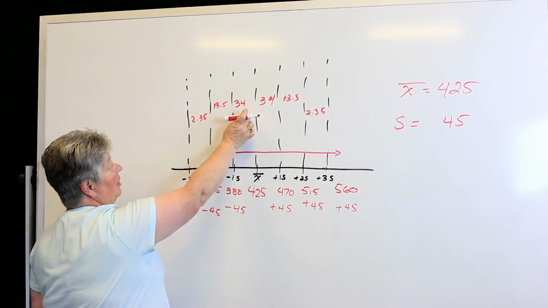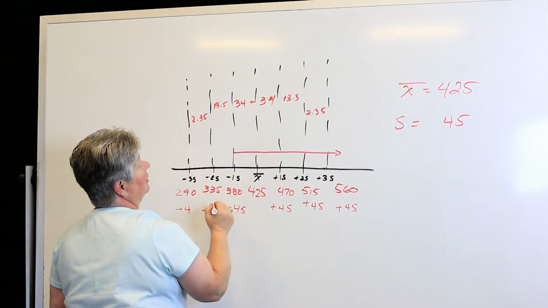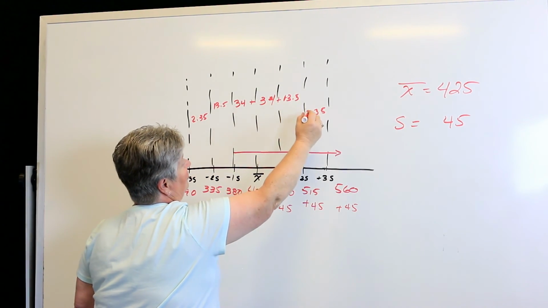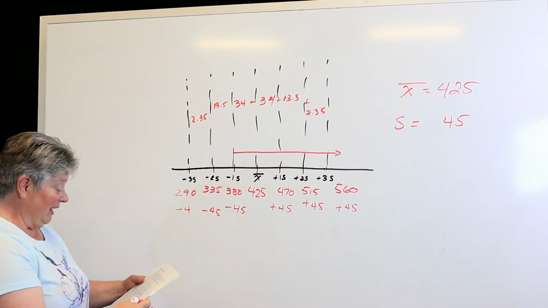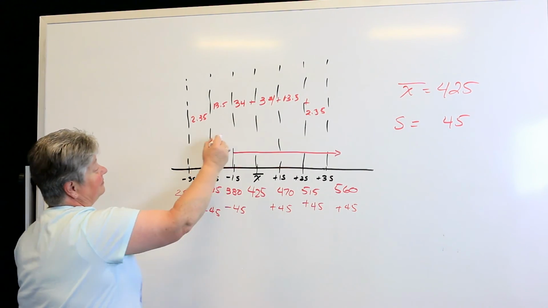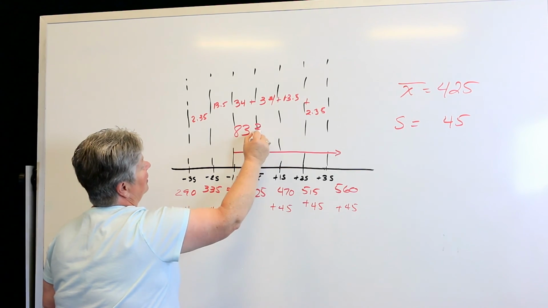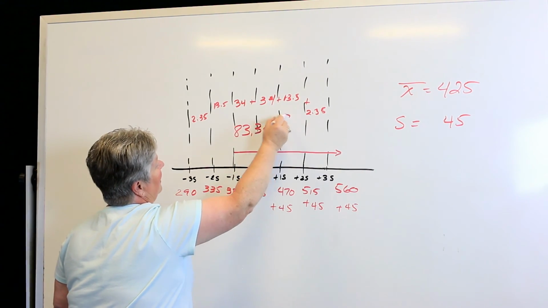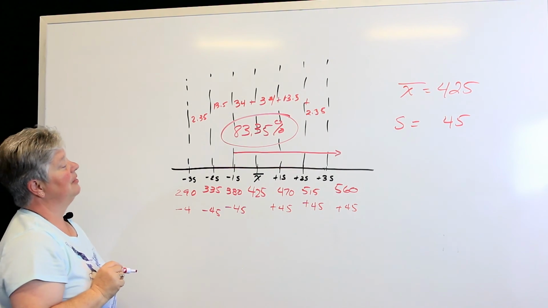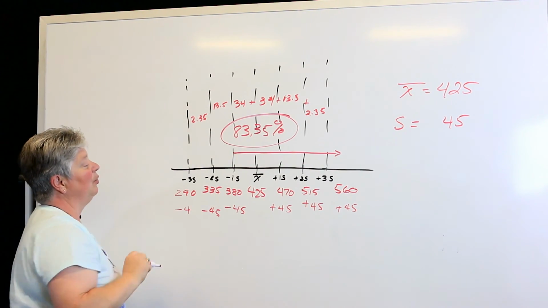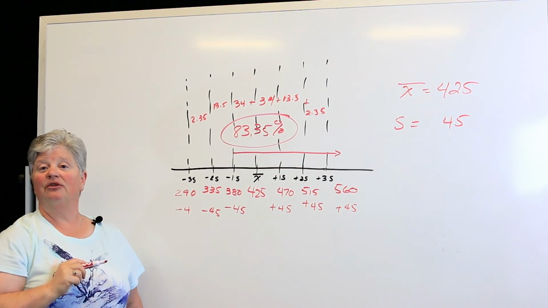So it's going to be 34 plus 34 plus 13.5 plus 2.35. So what we can say then is that 83.35% of Americans would consume more than 380 bottles of water each year.